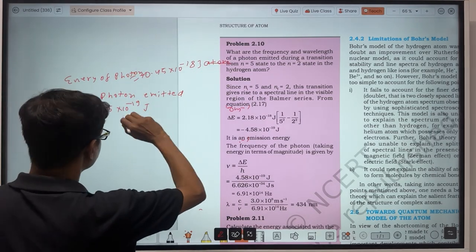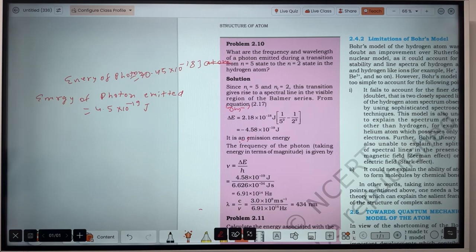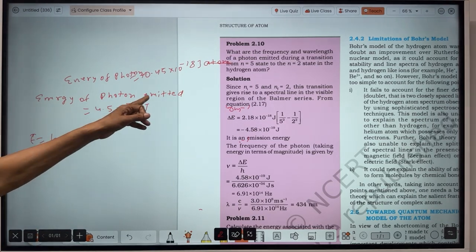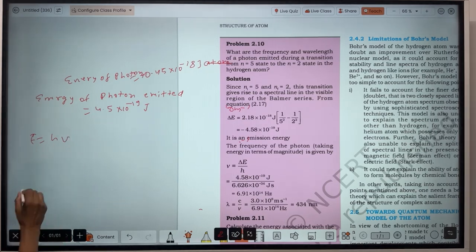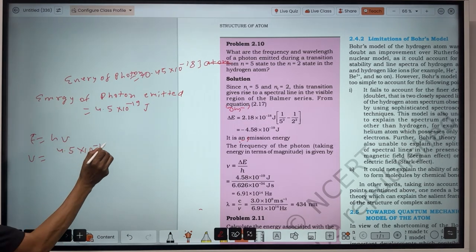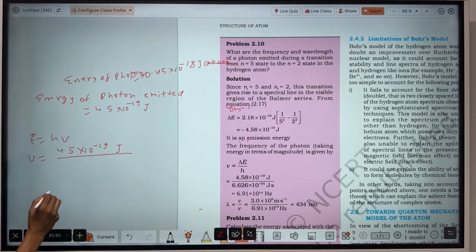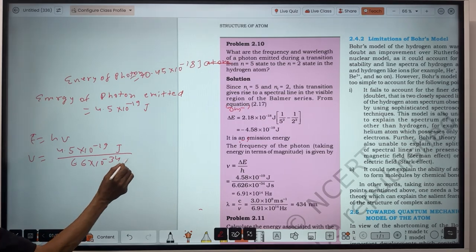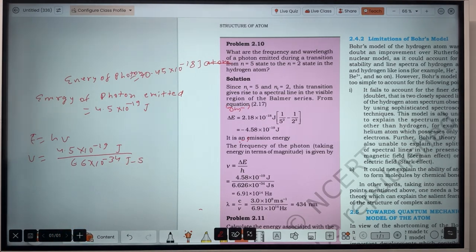Now you know the energy of the photon E equals h nu, so we have to find the frequency. The frequency of the photon will be the energy, 4.5 into 10 minus 19 joule, upon Planck's value 6.6 into 10 power minus 34 joule second. Joule cancels out, second remains. So 4.5 divided by 6.6, you will have to do.